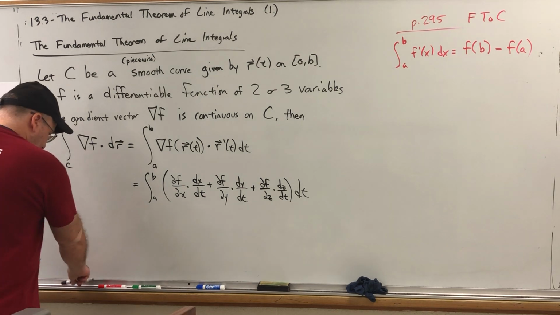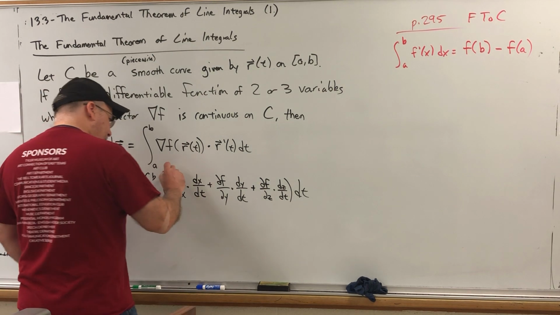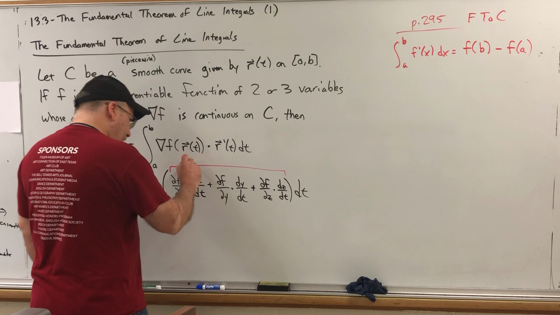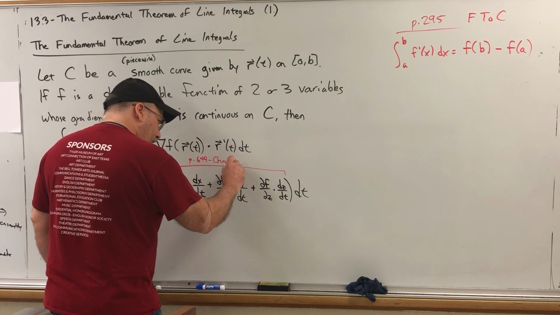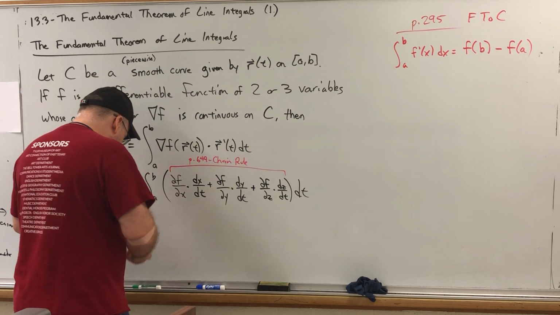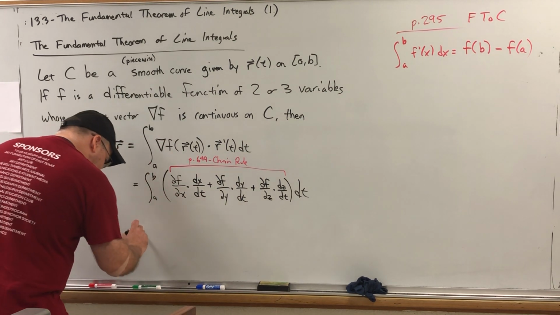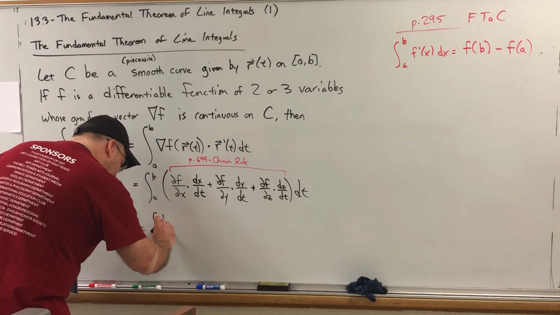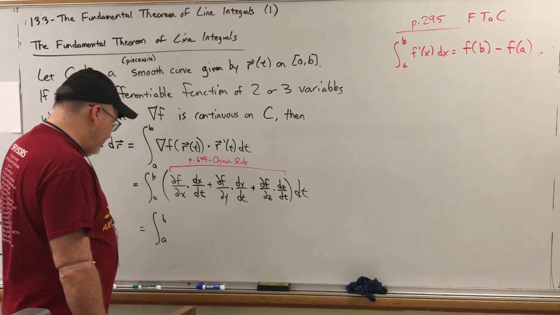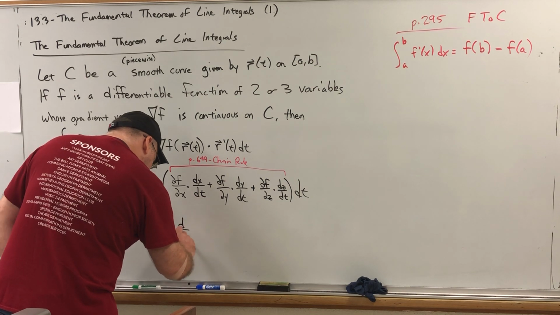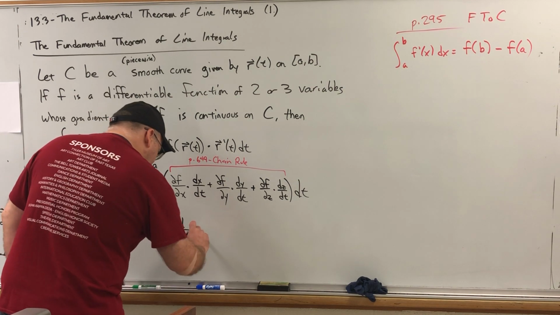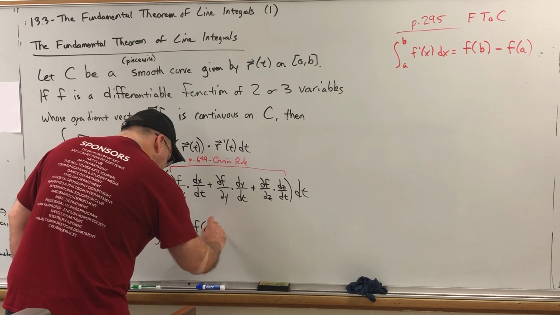But wait a second. This might look familiar. If you look on page 649, this is part of a chain rule for multivariable functions. And without writing that chain rule on the board, I'll just tell you what it says. It says that this is how you calculate the derivative with respect to t of f of r of t.